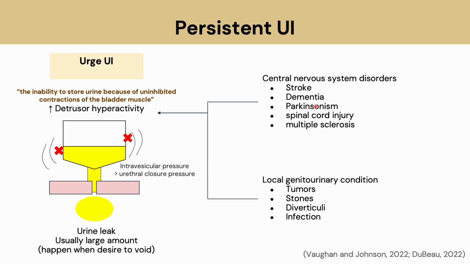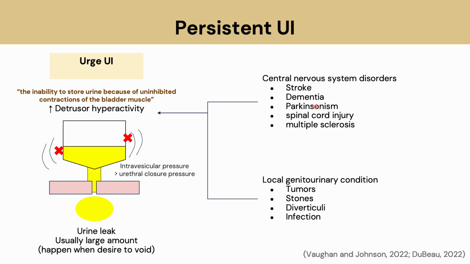Okay, before we move on, I'd like to briefly mention overactive bladder, because it's closely related to urge UI. Overactive bladder is not the same as UI. It is a symptom syndrome characterized by urinary urgency, usually accompanied by frequency and nocturia, with or without urgency UI.